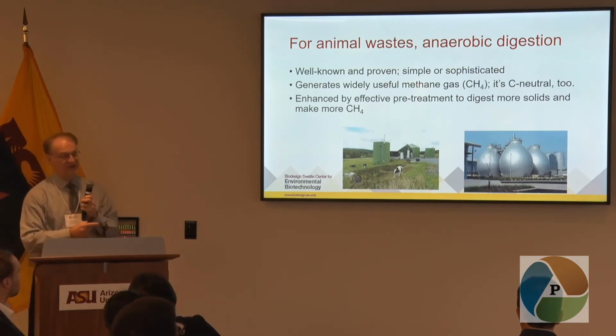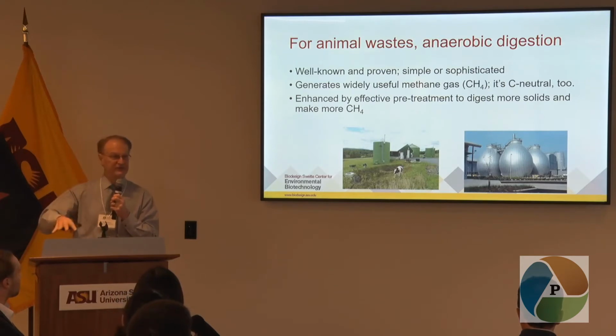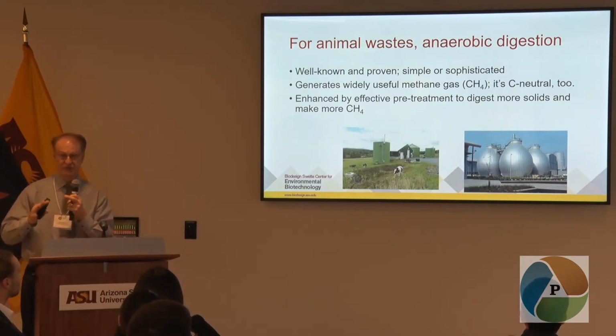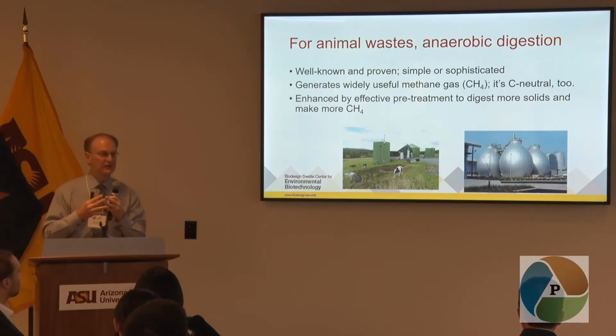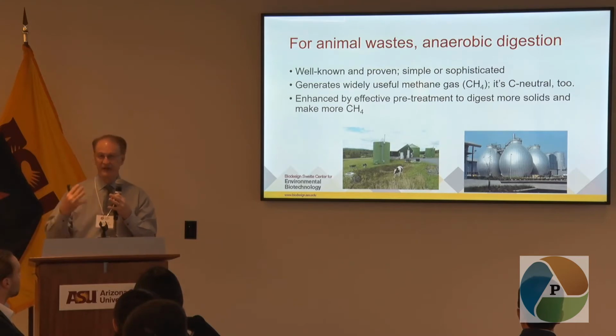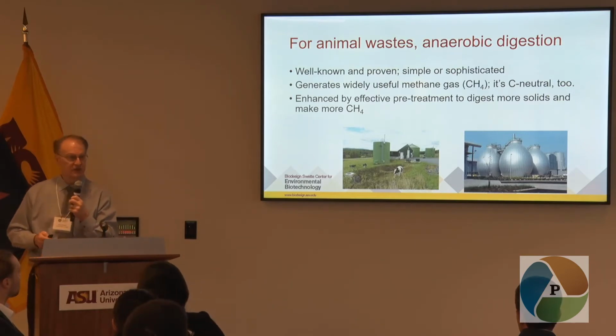So one of the things that's a very important factor here in getting the most energy and the most phosphorus out of this is we really need to do some sorts of pre-treatment. This is something we've discovered in our research, is that these materials that come mainly out of the animals just don't fall apart and get converted into methane. And to get the most out, you need to do various pre-treatments of them.